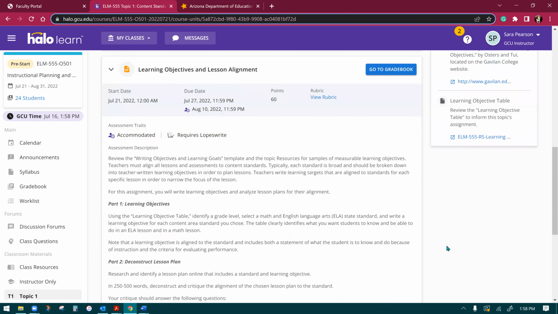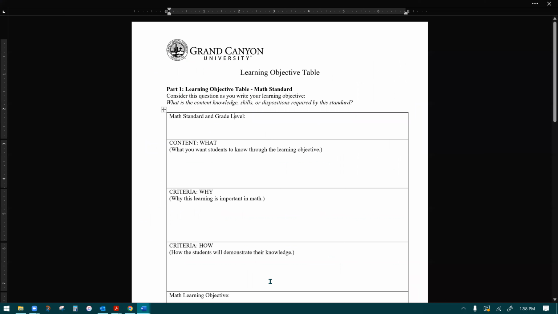First, over here to the right, you have your learning objective table in which you'll complete your assignment. You'll want to go ahead and open up that assignment, and it looks like this. You'll notice that it has a math standard that you're supposed to find.